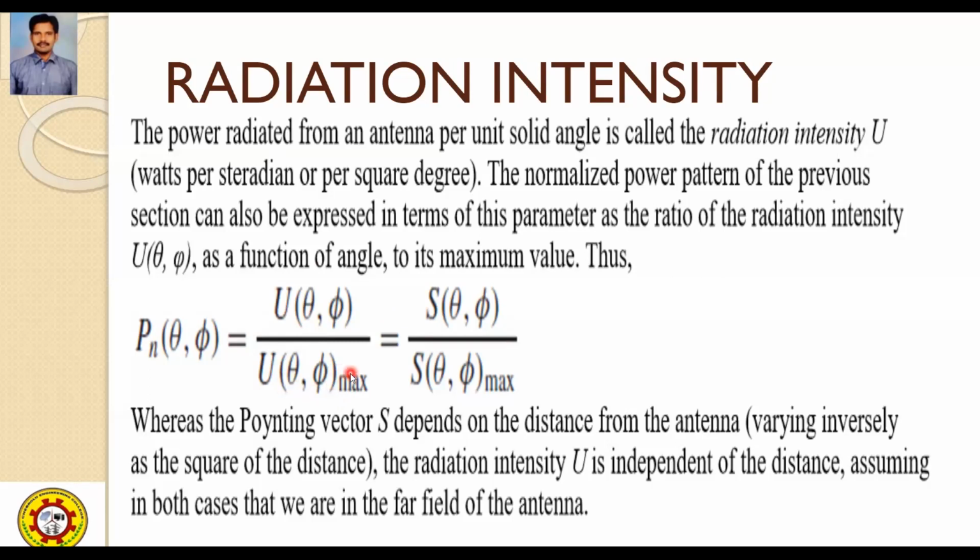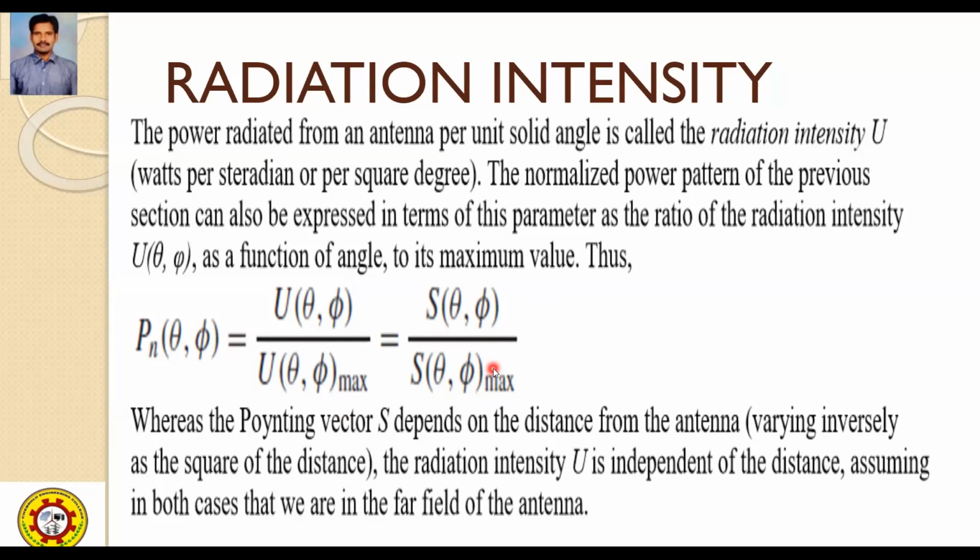Pn of theta comma phi equals U of theta comma phi to U of theta comma phi maximum value. Therefore, U of theta comma phi to U maximum equals S of theta comma phi to S of theta comma phi maximum.